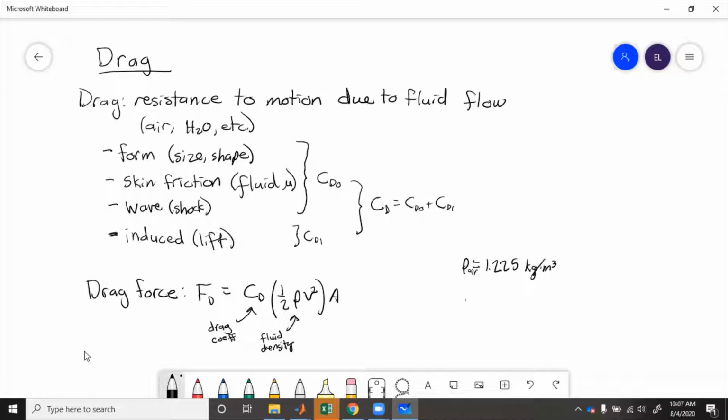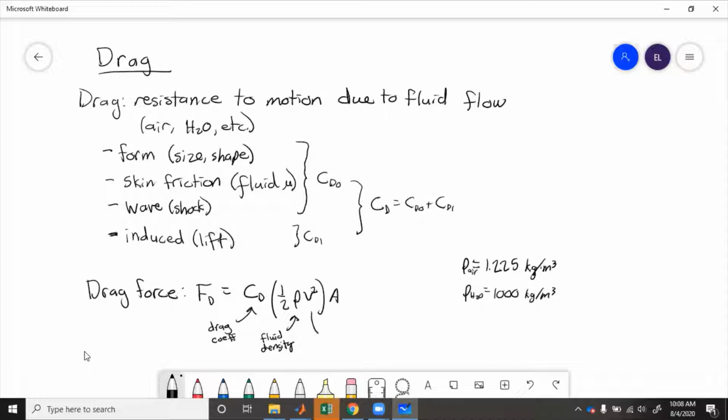And then for water, this is about 1,000 kilograms per meter cubed. So you can see here, just based on the fluid densities, if you have the same object traveling through air versus through water, it's a lot harder to push it through water. That is because some of the drag is due to the fluid viscosity.